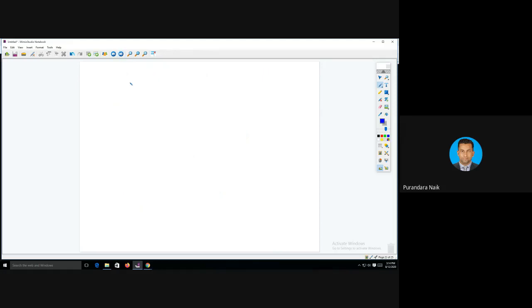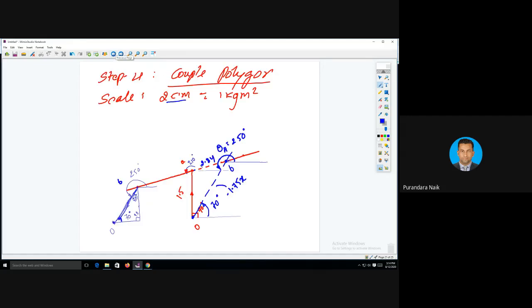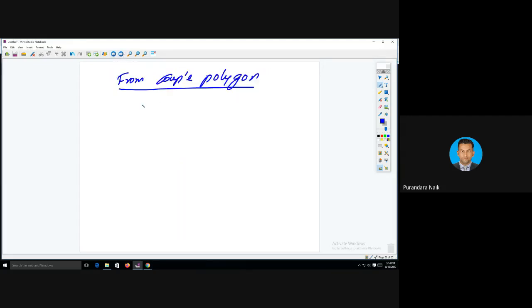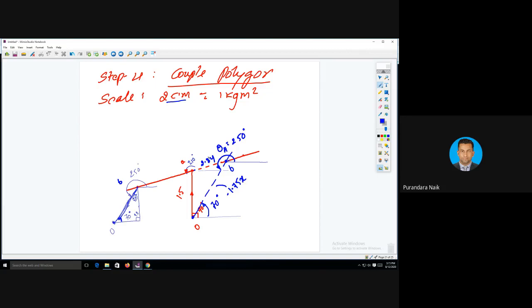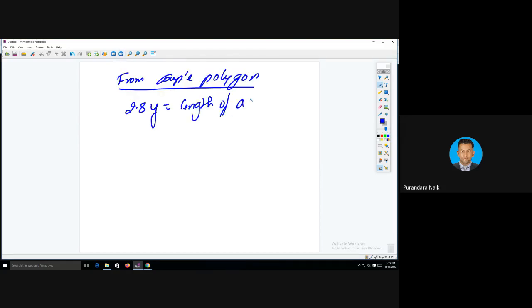From the couple polygon, you need to measure the length 2.8y. 2.8y is equal to the length of AB into scale.